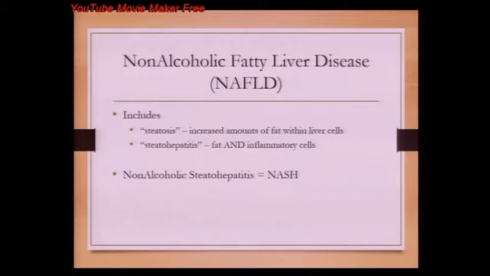So the reason I'm putting this up here, it's a little more detailed maybe than what we've been talking about, but you're going to hear people talk about NAFLD, and you're hearing about talking about NASH. And the difference is NASH is a subset of NAFLD. NAFLD includes both steatosis and NASH. So it's sort of the two ends of the spectrum, just so you'll know what that nomenclature means.